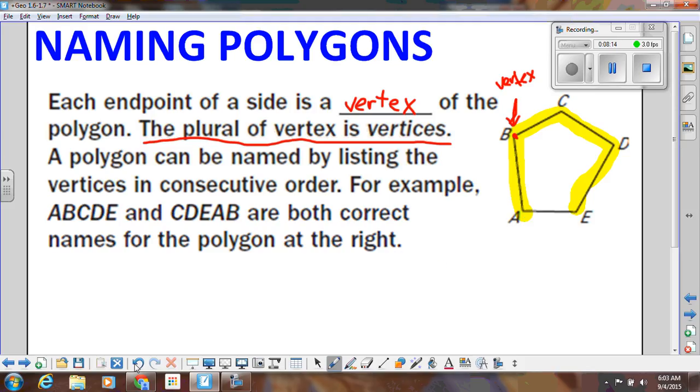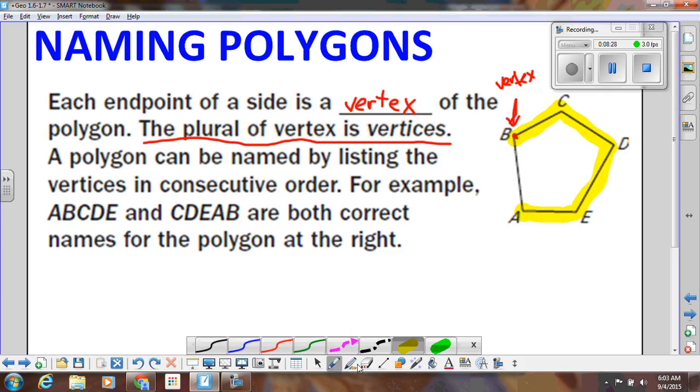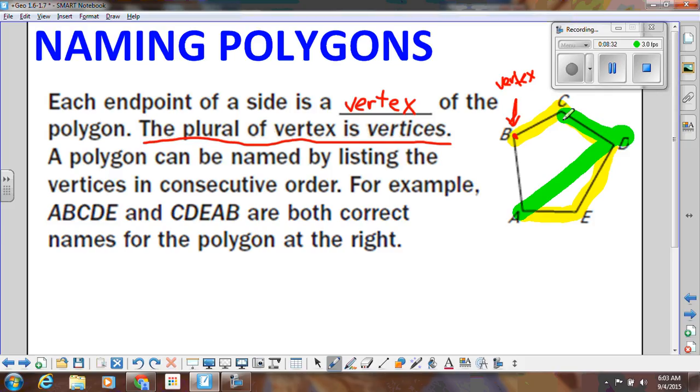Or I could start at A, and then I could go around this way. A, E, D, C, B. All right, so it doesn't matter where I start or if I go clockwise or counterclockwise. I just cannot skip around. So I can't do A, D, C, E, B. That's not an okay way to label that polygon.